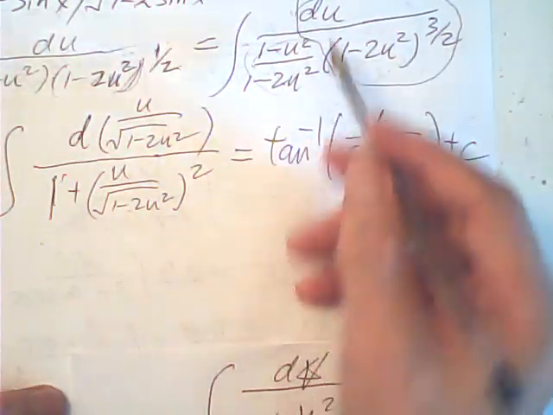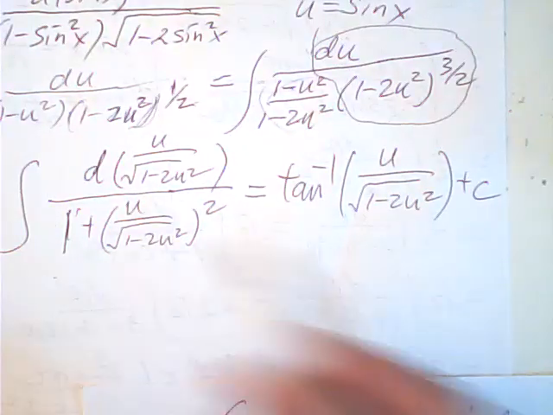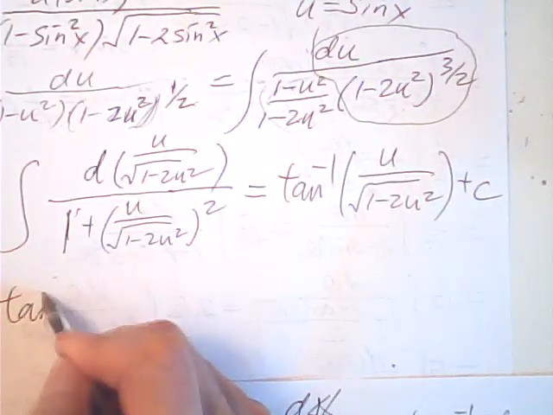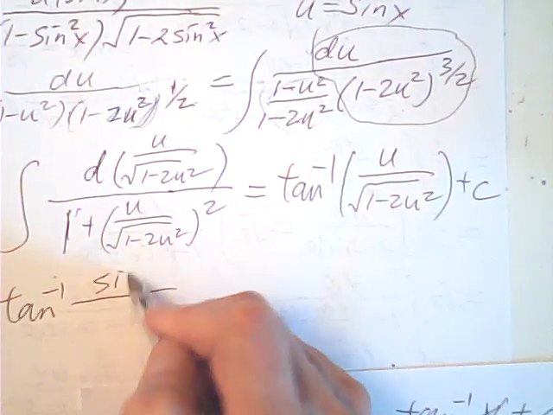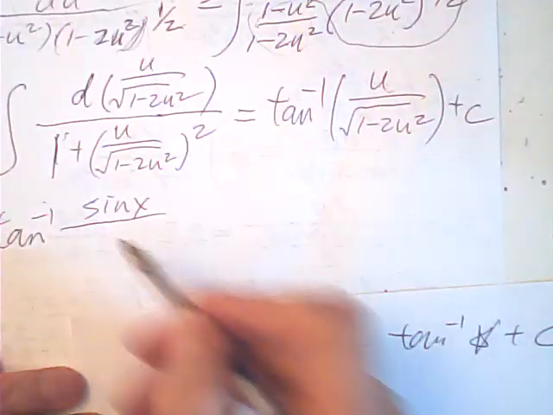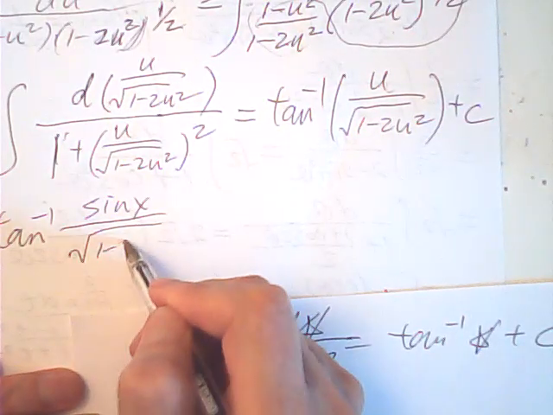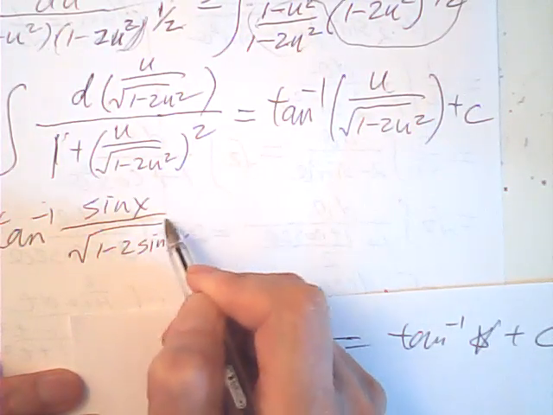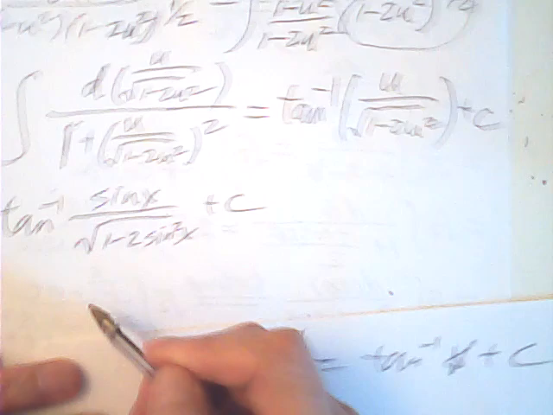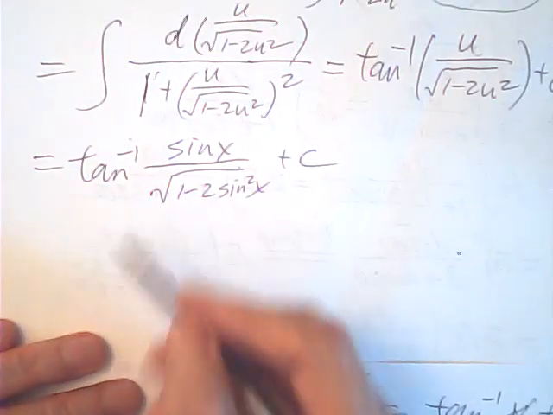Then we put back x. This is arctangent. Sine x is u, and 1 minus 2 sine square x is simply cosine 2x, right?